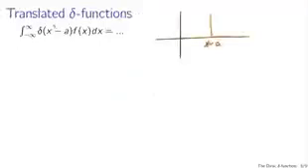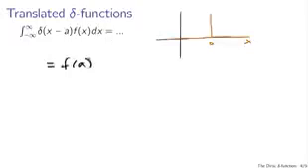So effectively, we've just translated our delta function over by some distance a. It's not the most clear notation. This is the x-axis and this is a. So what this is going to do, and you can think about doing a change of variables, some sort of u substitution where u equals x minus a, it's just going to give you the value of f at the point where the delta function has support. So this is going to give us f of a.